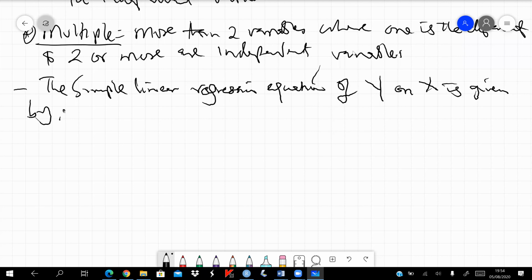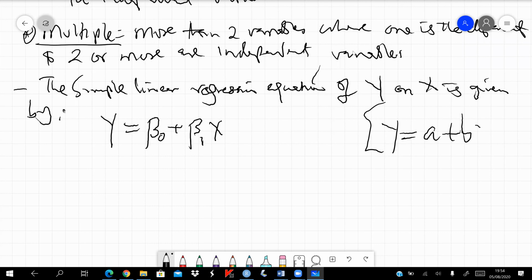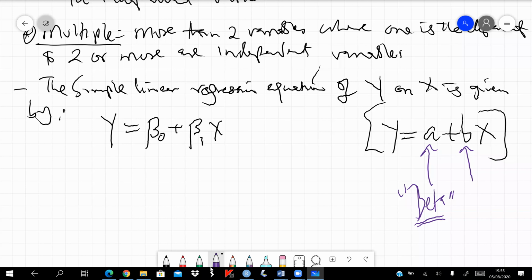It's a straight line equation. Y is equal to beta naught plus beta 1 of x. I know you're used to these, huh? Y is equal to a plus b of x, the same thing. But in regression analysis, we prefer to change these constants into the betas. We call them beta. These are Greek symbols. So the simple linear regression equation of y on x is given by that.